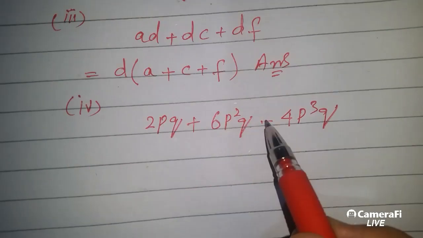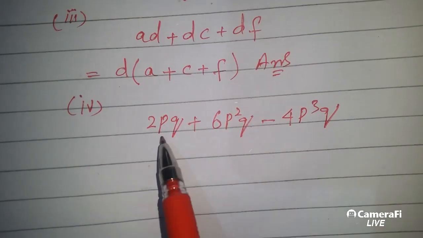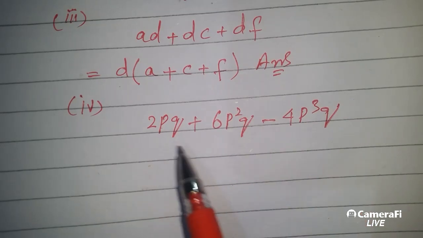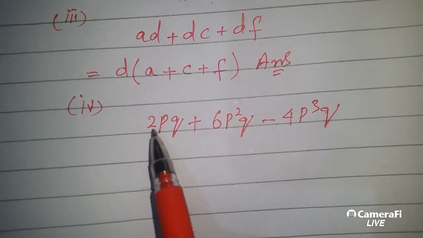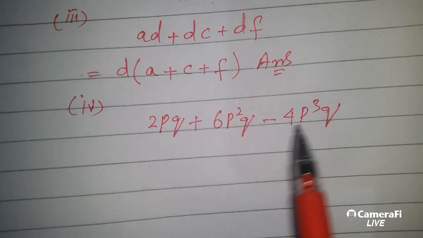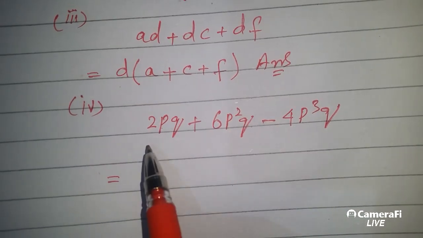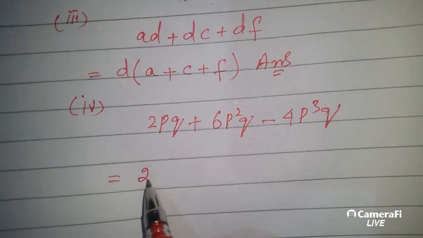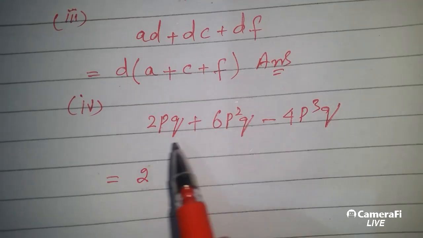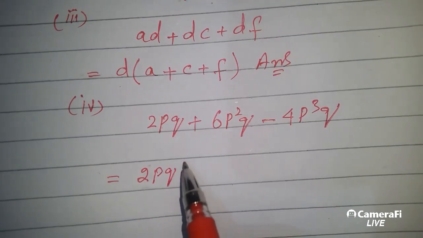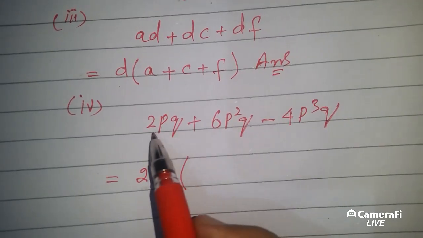PQ, PQ and PQ. All the terms bear PQ, and 2, 6 and 4 are the multiples of 2. So 2 can be taken as a common factor, and the smallest power of P and Q is P raised to power 1 and Q raised to power 1.